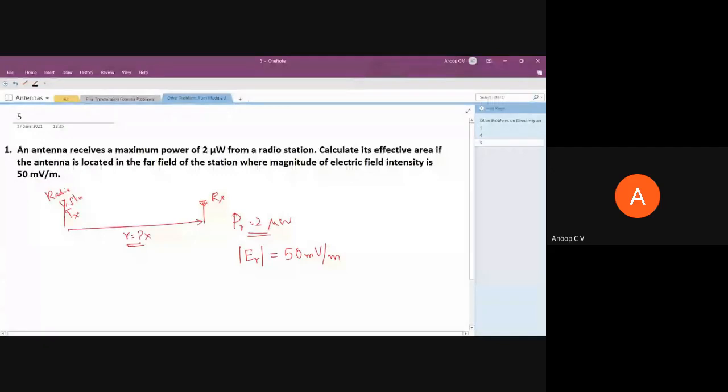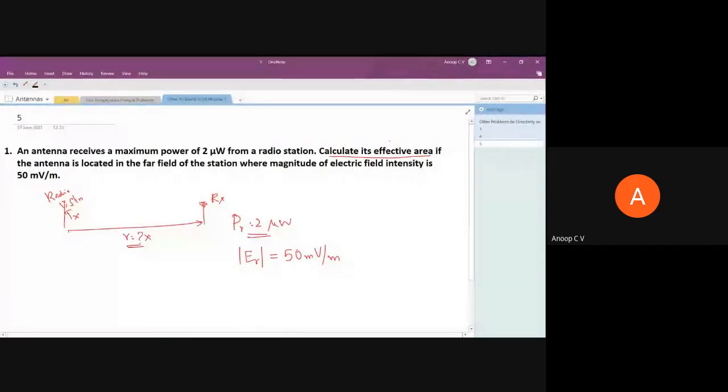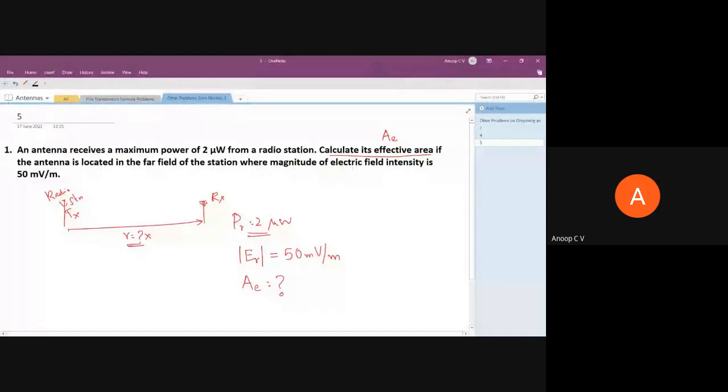What we need to do is find the effective area, or effective aperture, A. That is what we have to find.